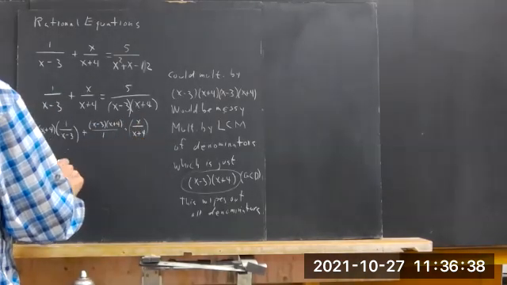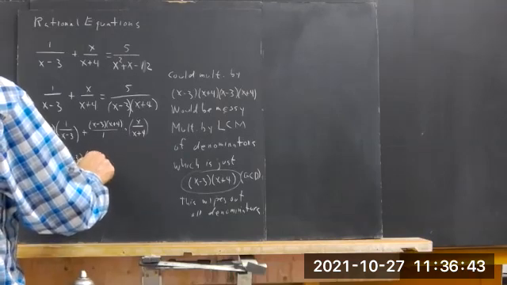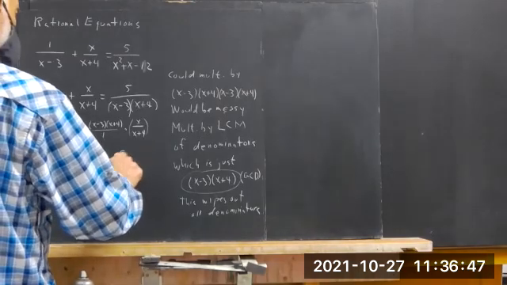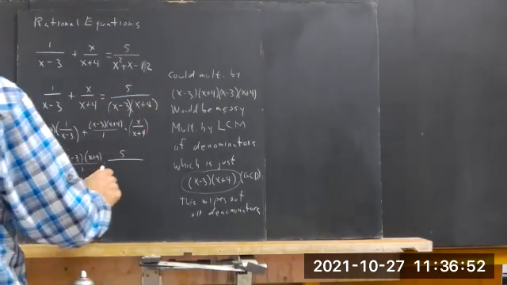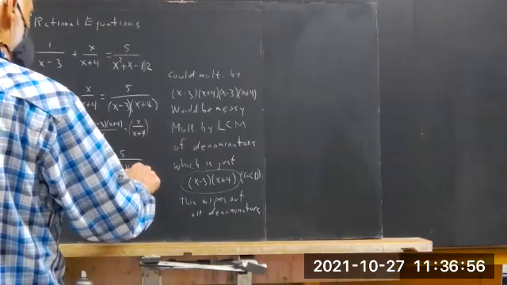And that's going to be what we get. We multiply the right-hand side by the same expression.